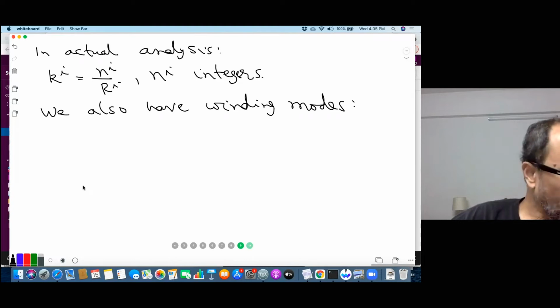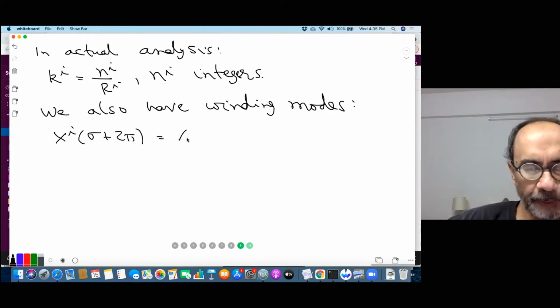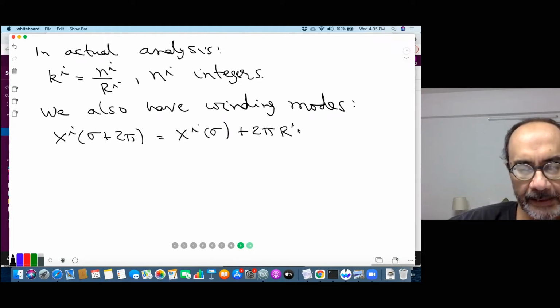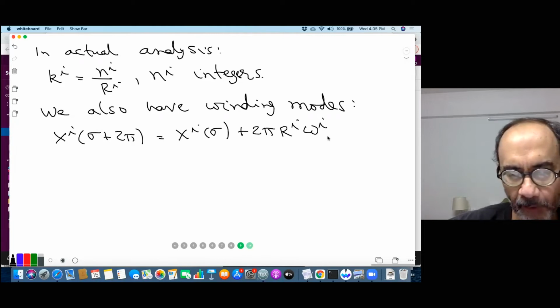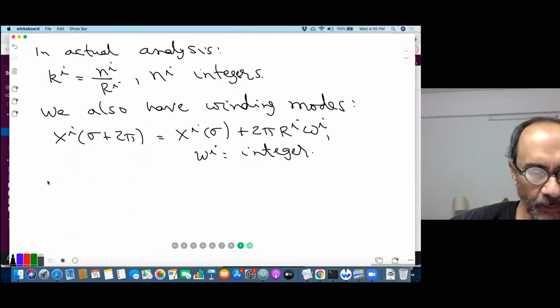But now we also have the possibility that when sigma changes by 2 pi, it's not periodic, but it winds 2 pi R_i w_i, where w_i are integers. So these are known as the winding modes.